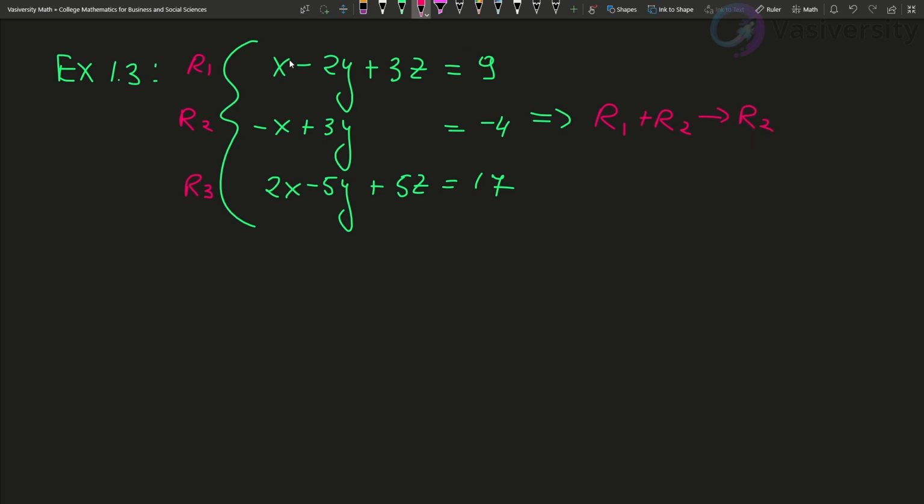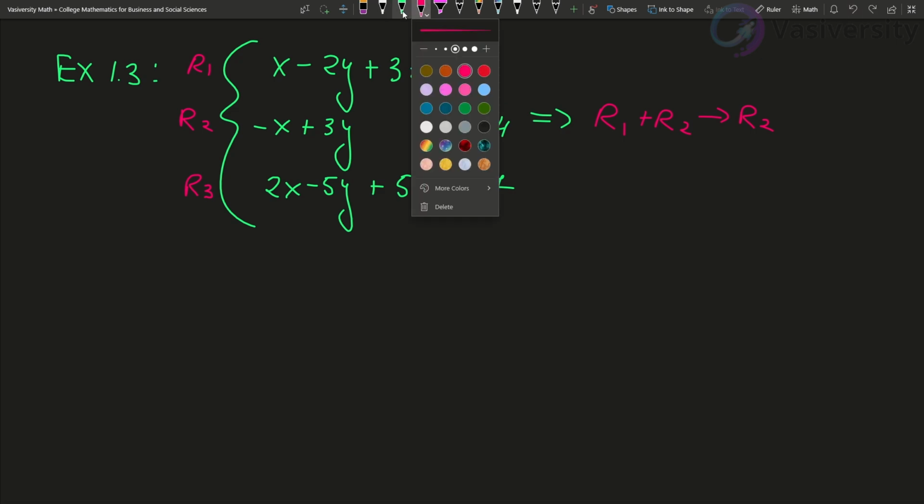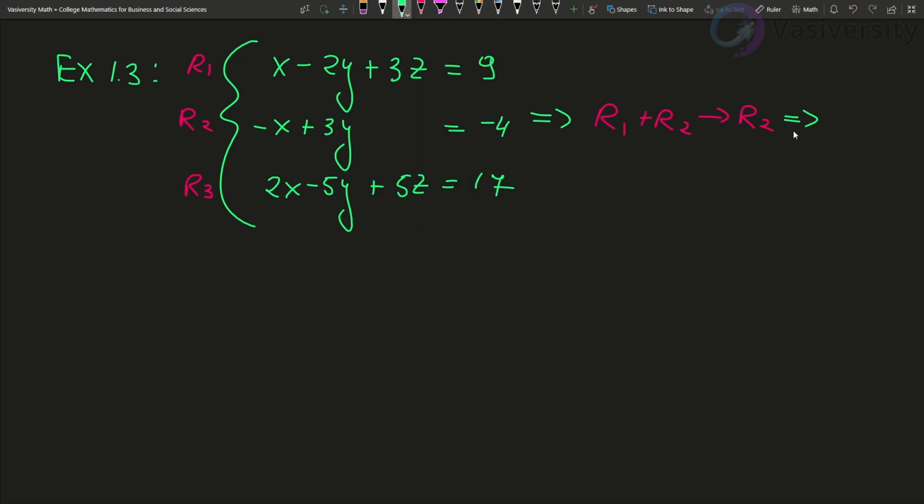The reason why I want to change it is because we can get rid of x, and that's convenient for us, right? Because we know that the second row will be only in terms of y and z. We know this is going to be the x row, this is the y row, this is the z row. So in the z row we can only have z. In the y row we can have y and z. In the x row we can have x, y, and z.